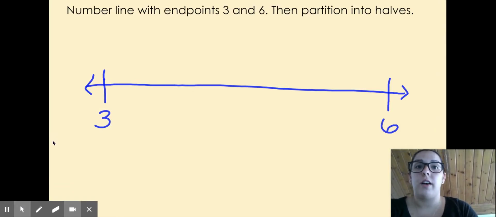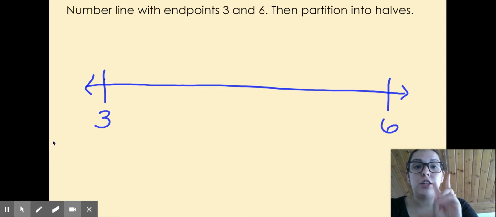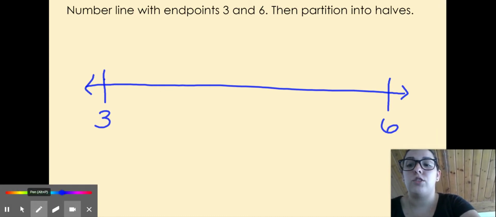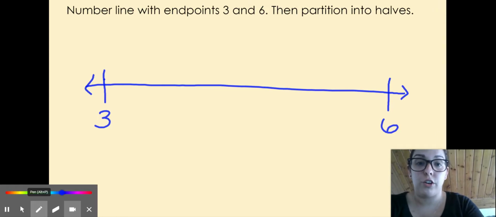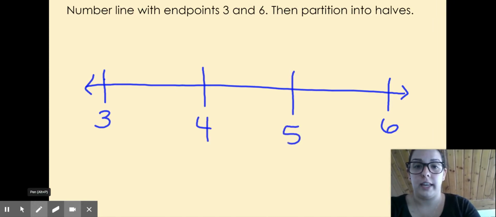If you're counting up by ones, we have 3, 4, 5. So I am missing 2 wholes on my number line. Please go ahead and draw those in on your number line right now. So you should have your number line looking just like this.